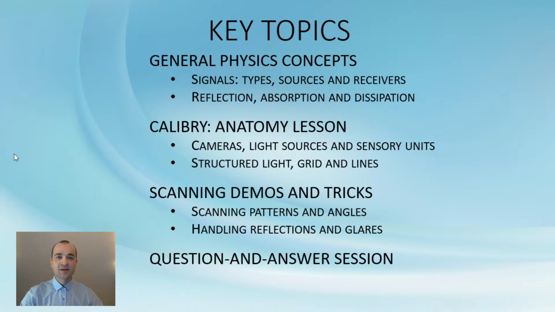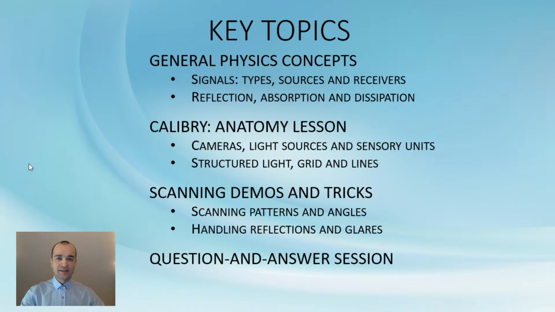So we're going to talk a little bit about signals, their types, and the sources and receivers of the signals. We're also going to talk about such concepts as reflection of signal, absorption of it, and dissipation, which play a great role in the scanning process, and how we can avoid certain problems related to them.